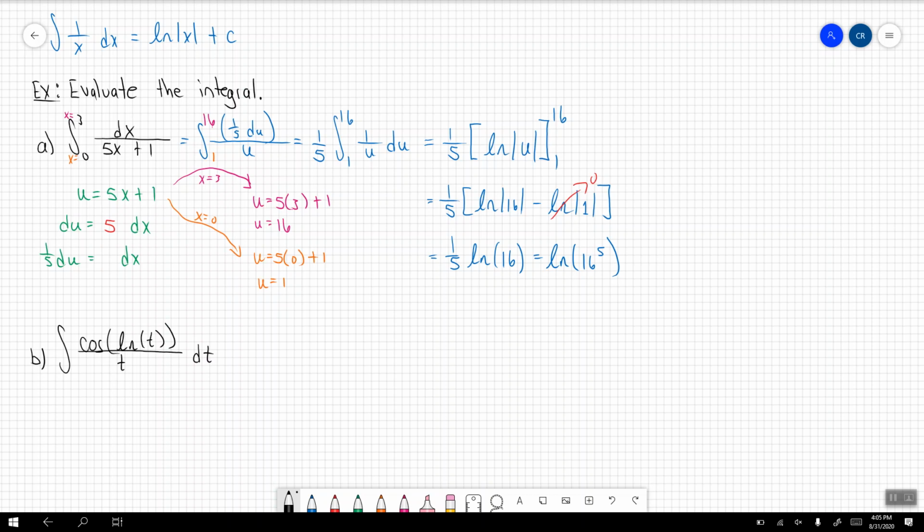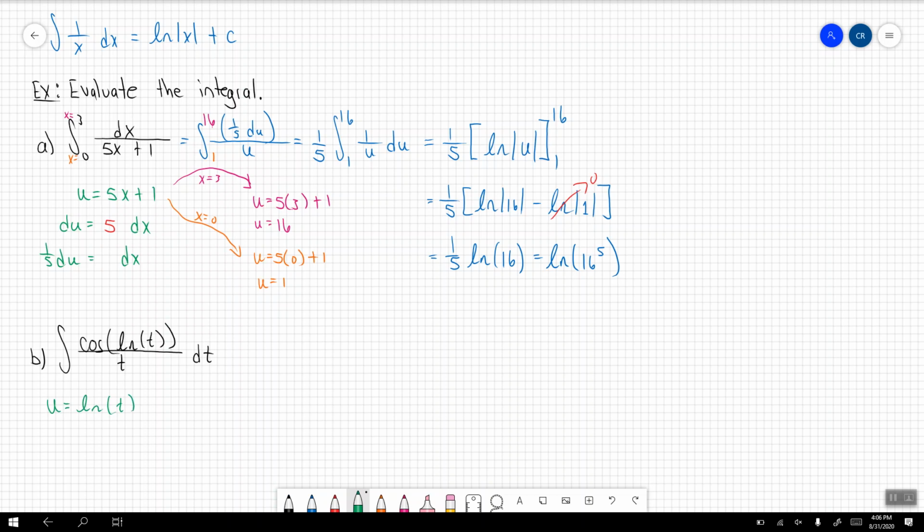Again, we have a few options that we can take here. Because I see function composition, where we have cosine of the natural log of t, I am going to make my substitution where I will say that u is equal to the natural log of t.